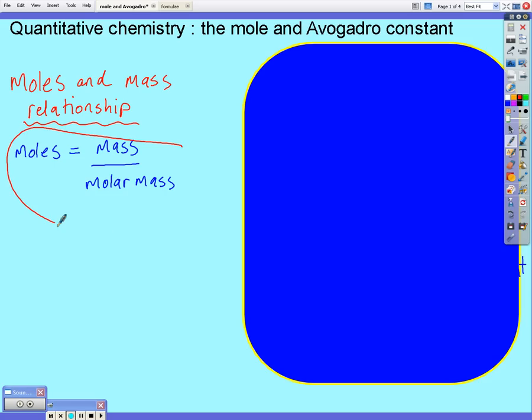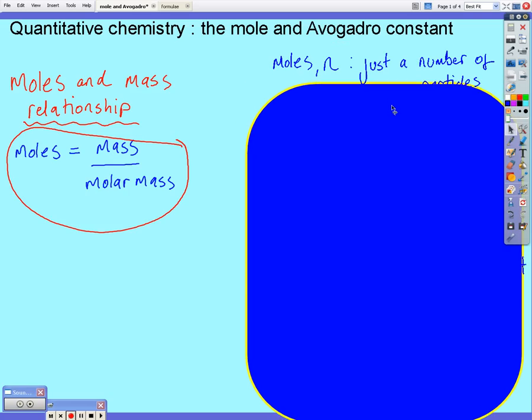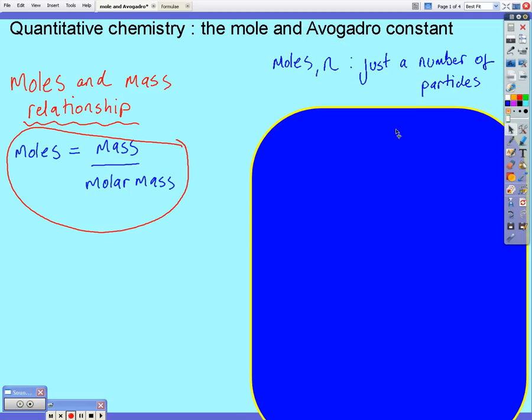The number of moles is equal to the mass divided by the molar mass. Now, important things to remember, and remember this from the exercise you did about finding out the number of grains of sand and equating that to the number of moles. Well, the most important thing to remember is that moles are just particles. It's just a number.